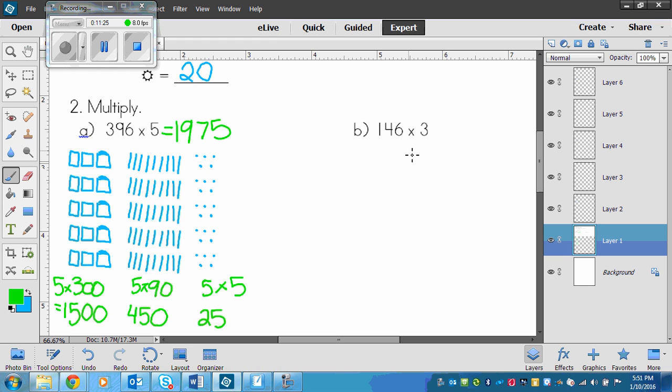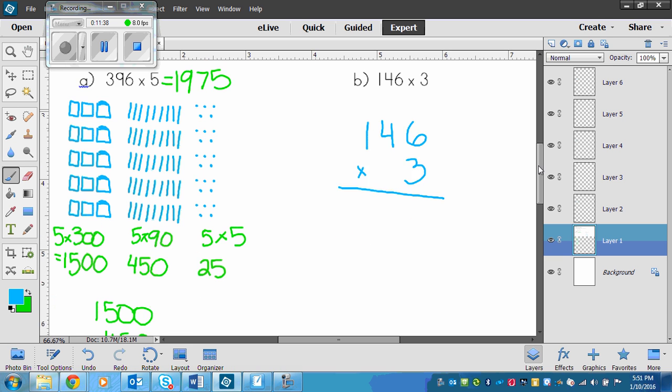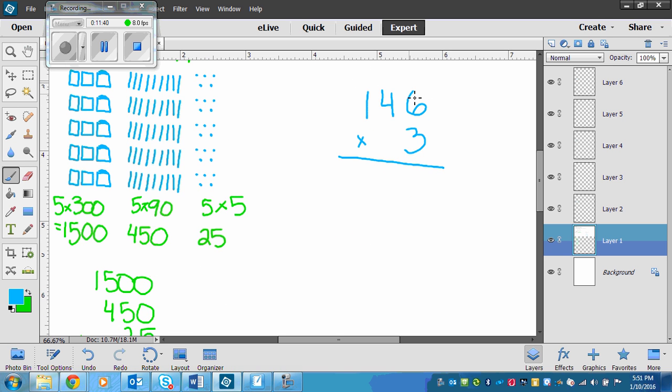Now let's look at the breaking the numbers apart strategy, that strategy number 3. So I will write the larger number on top of the smaller number, and then I will multiply one at a time. So first, I've got 3 times 6, and that equals 18. So I will write the 1 in the 10 spot and the 8 in the 1 spot. Okay, so I've done 6. Then I've got 3 times 40.